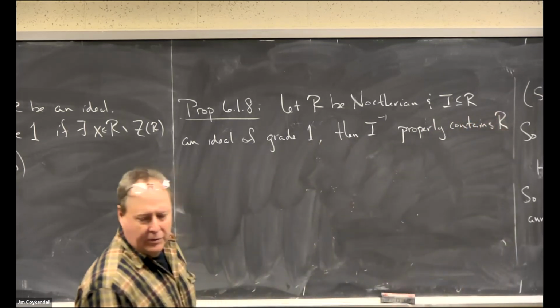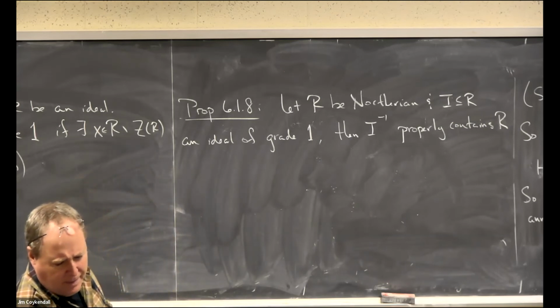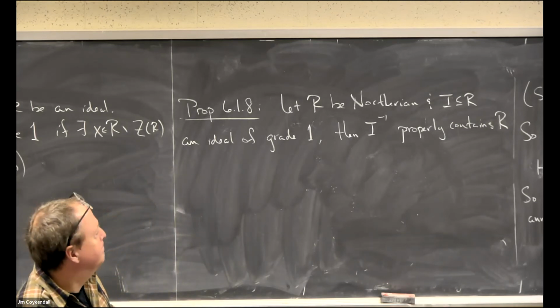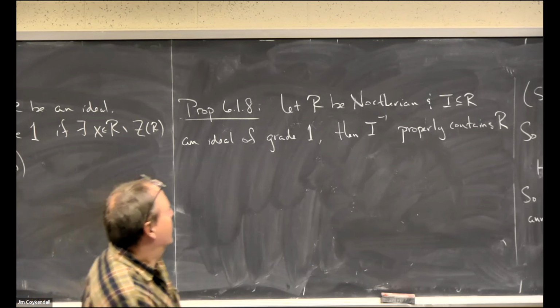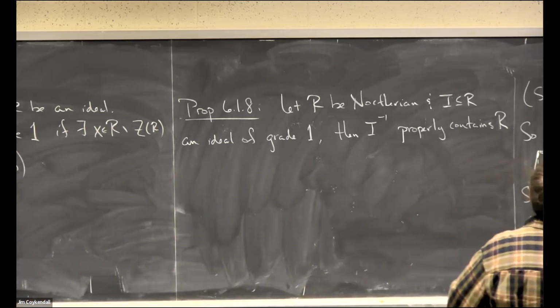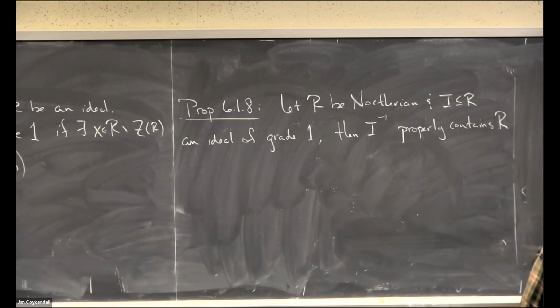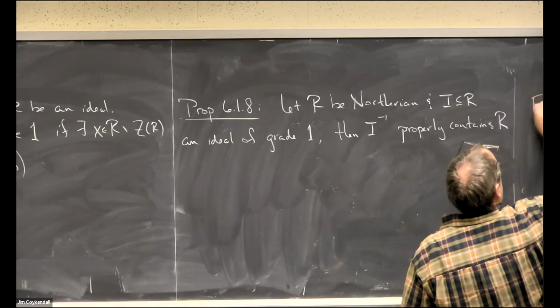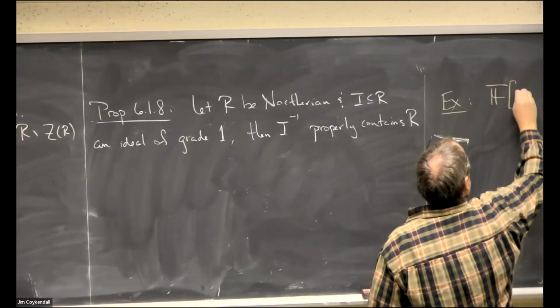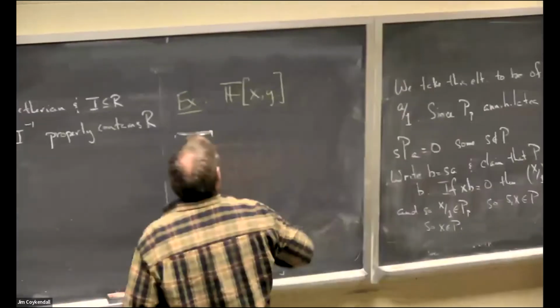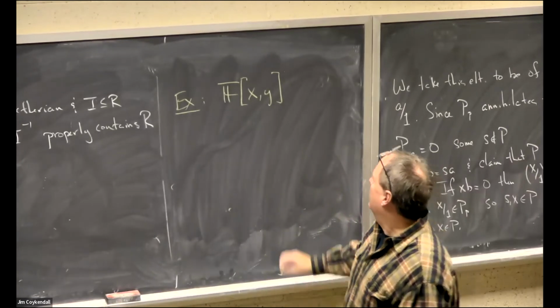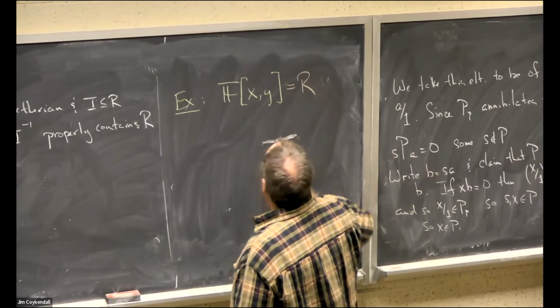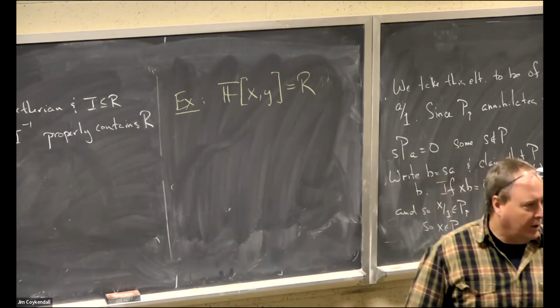I think we might be able to use this to give us some nice examples too. Let me give you a quick example. So let's look at this ring here, call it R. Certainly meets all our hypotheses.